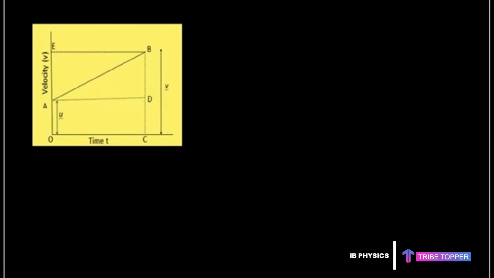And for the third equation of motion, we again use the same formula, that is, the area under the VT curve gives us the displacement s. But this time we don't use the formula of area of a trapezium, we rather divide this into the area of a rectangle and the area of a triangle, so we add the two.